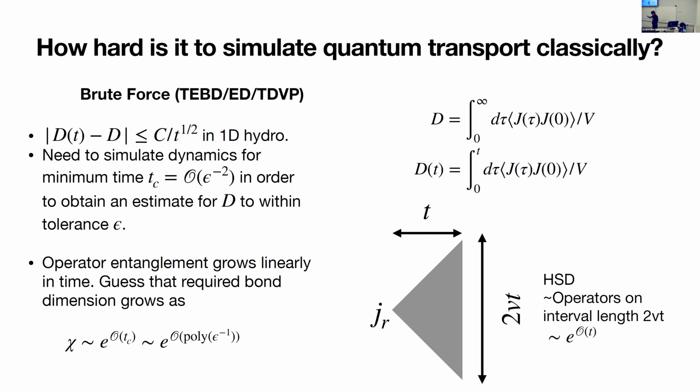What is the number of operators in some region of size t? Well, on each site, I could have no operator, or I could have sigma x, sigma y, or sigma z. So on each site, I have a number of options. So it's a number that scales exponentially in t. So that's another way of seeing that the amount of memory that you need in order to capture this kind of calculation grows exponentially in time.